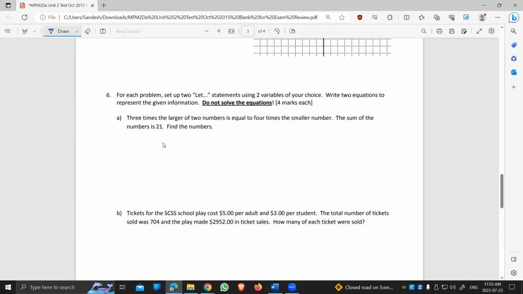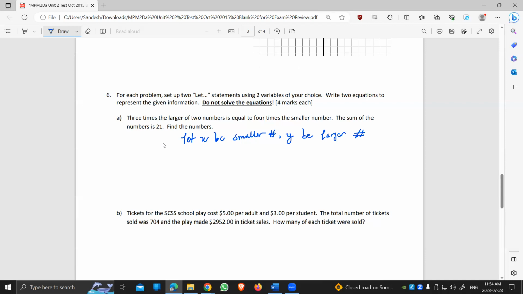It's not that bad, right? X and y are always going to be whatever they ask you for. So we're going to say let x be the smaller number, and similarly, y will be the larger or the bigger number, okay? They add up to 21.